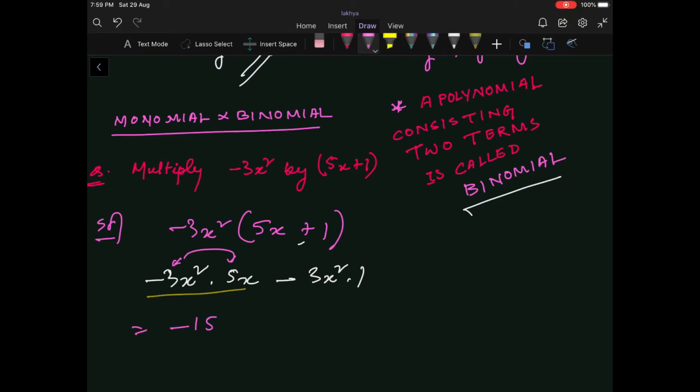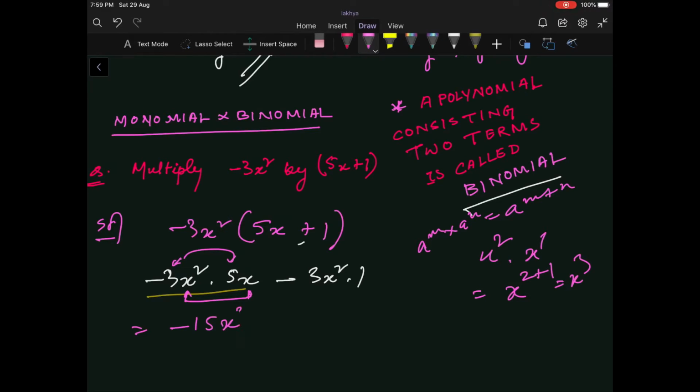Okay, then multiply x square with x. So x square into x means x to the power 1, you can say. So now according to the law of index, a to the power m into a to the power n is equal to a to the power m plus n. According to that formula, you will get x to the power 2 plus 1, that's equal to x to the power 3.